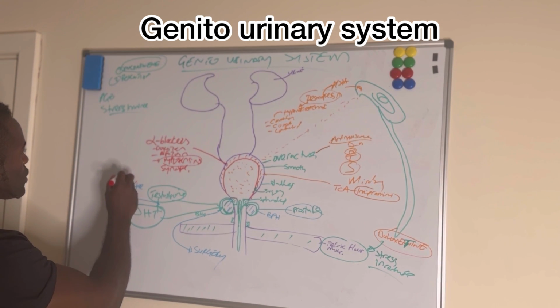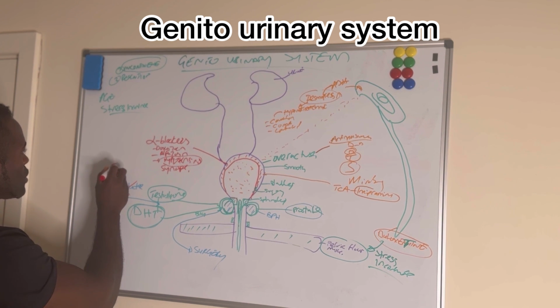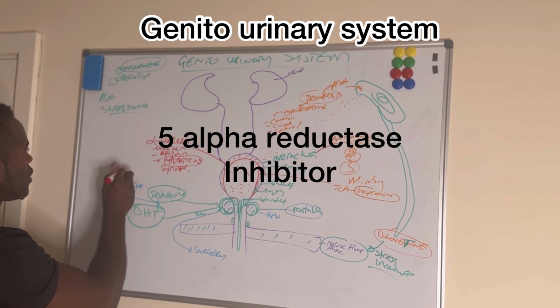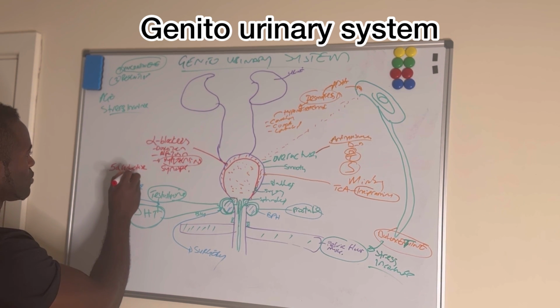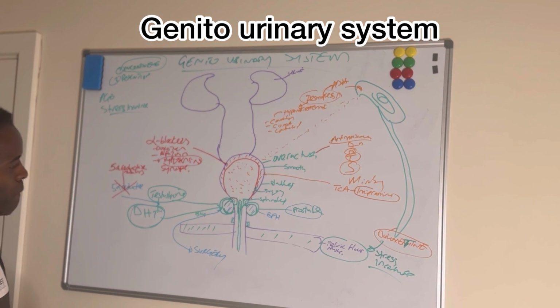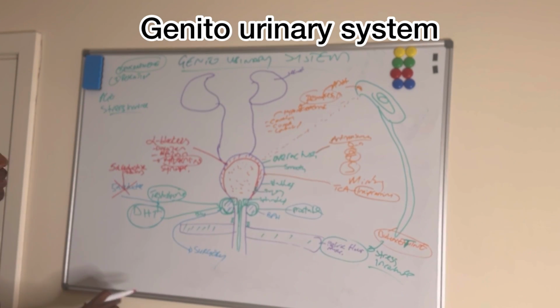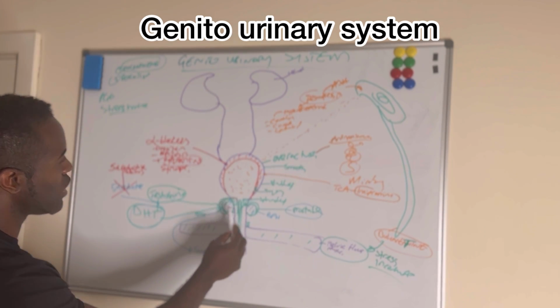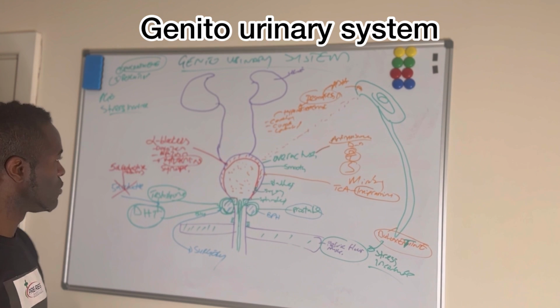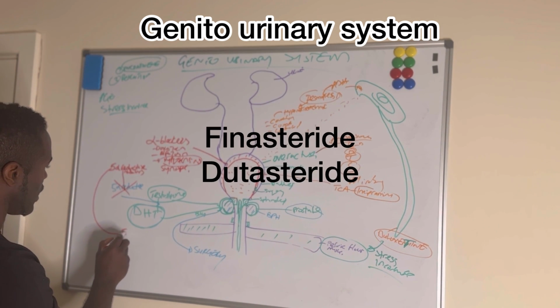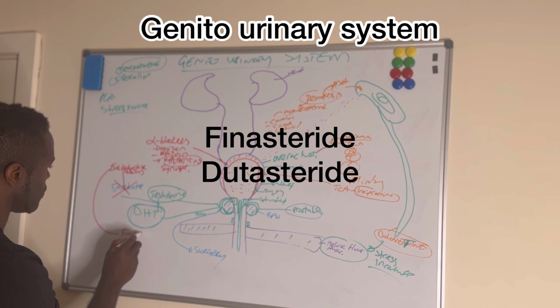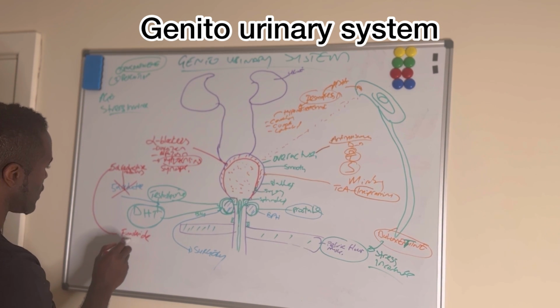That group of drugs is the 5-alpha reductase inhibitors. They're going to stop this from growing. In that case, they're going to help with retention. So we need to know some examples. Some examples are finasteride and dutasteride.